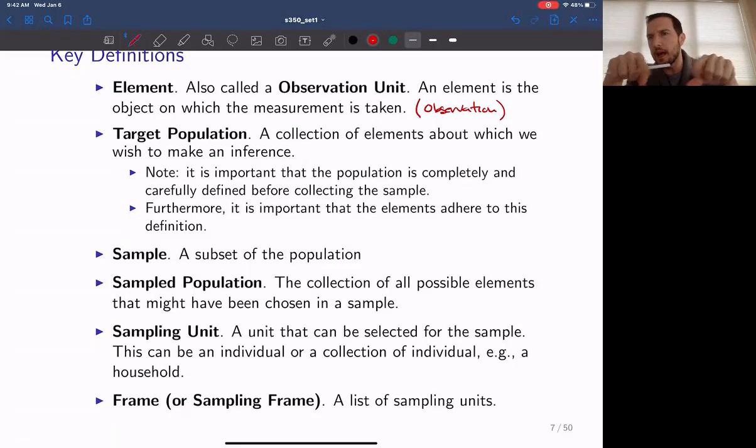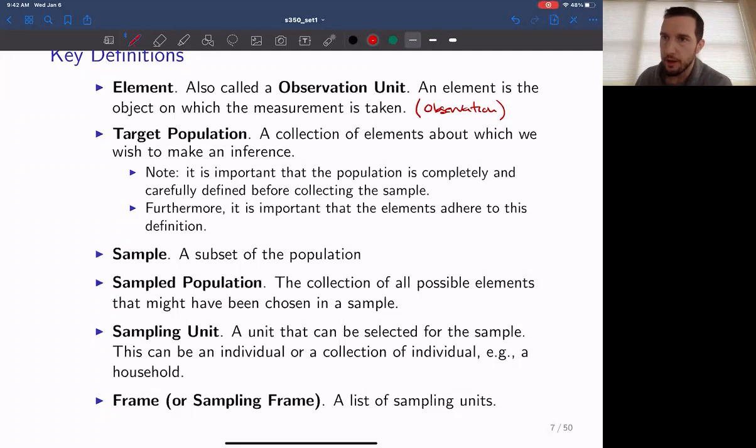We'll look in a minute at the distinction between the sampled population and the target population in another illustration. The sample is the actual subset that was selected, but both of these are subsets of the target population.